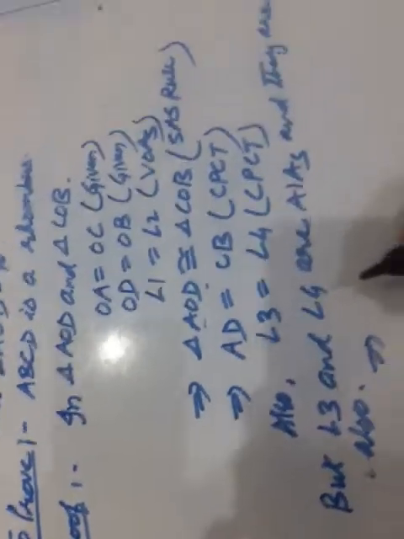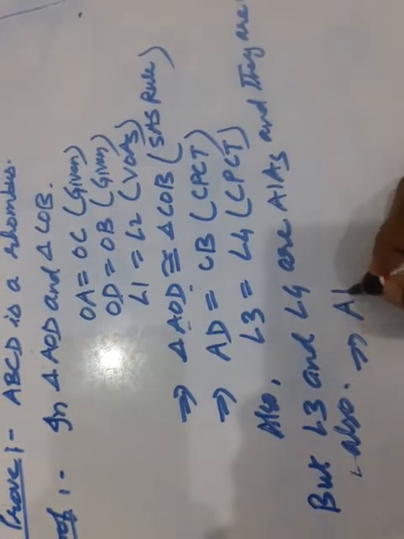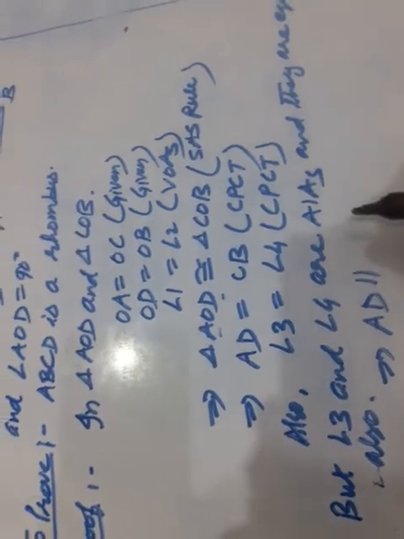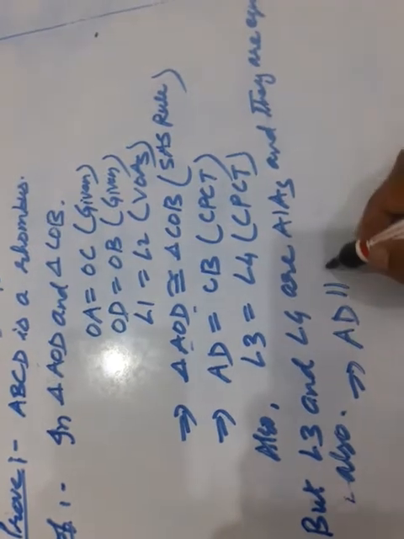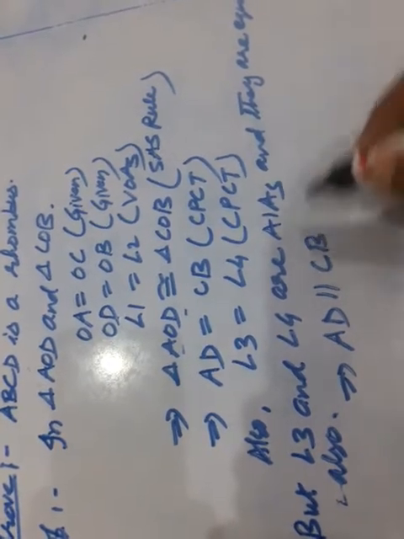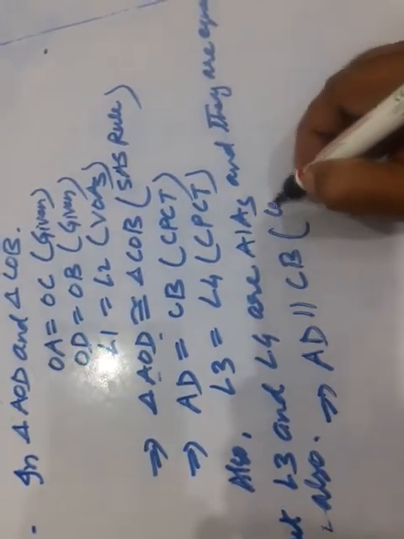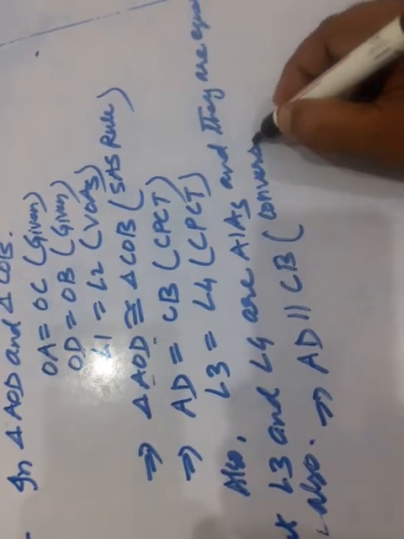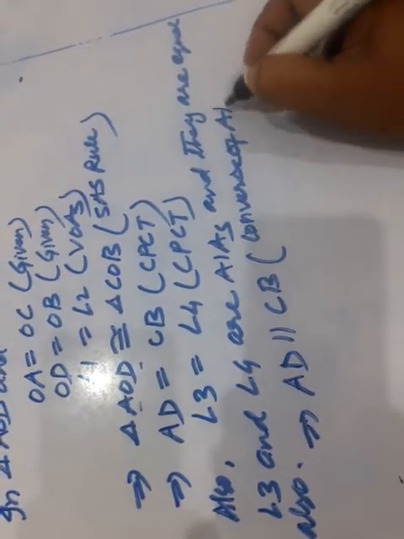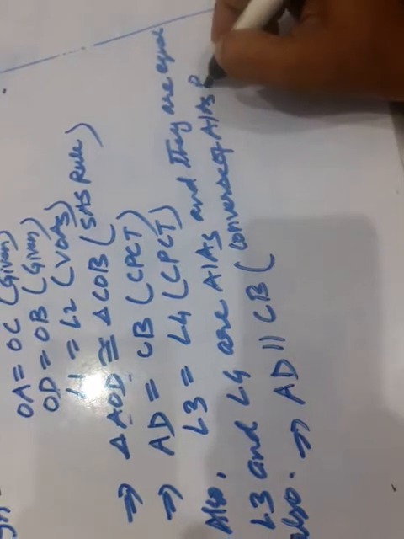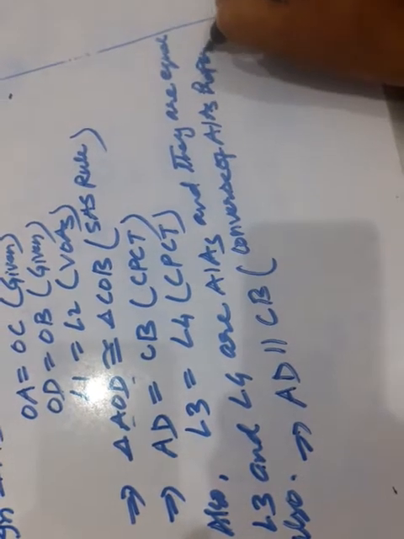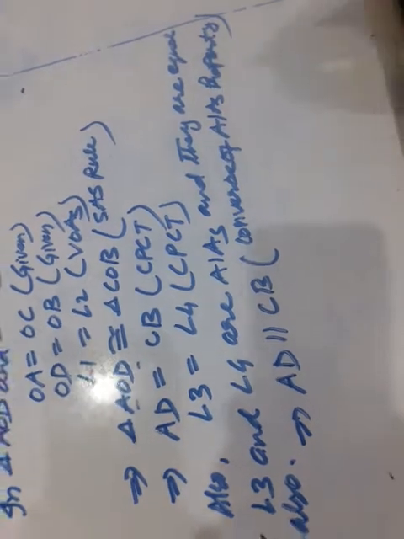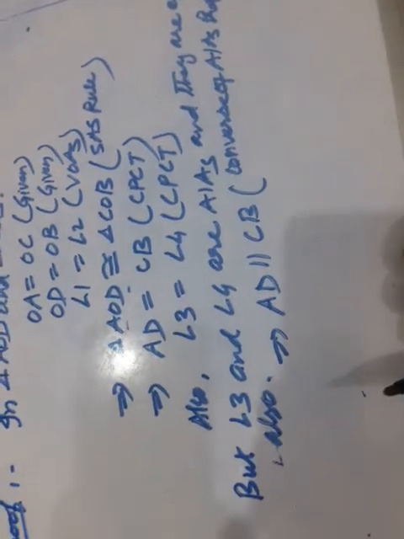This implies that AD is parallel to BC, or CB, by the converse of the alternate interior angles property.